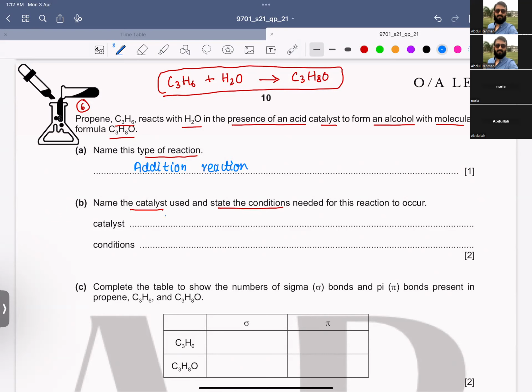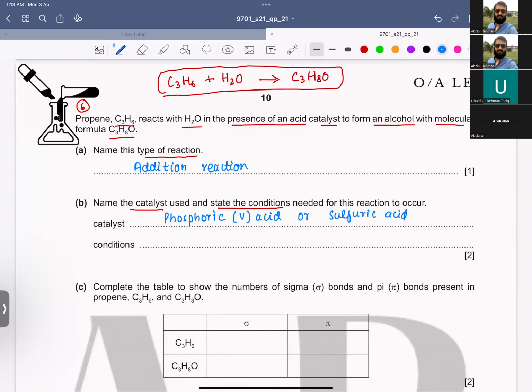So it can be phosphoric acid or it can be sulfuric acid. You can write any one of them. Phosphoric (V) acid or sulfuric acid.